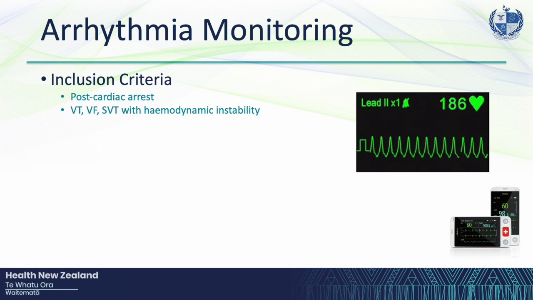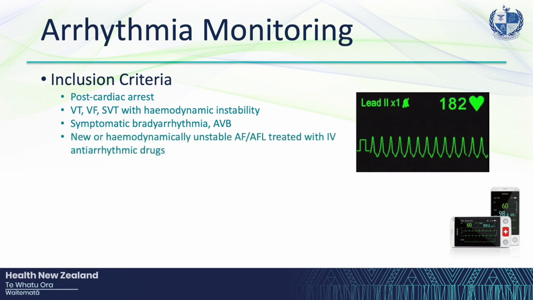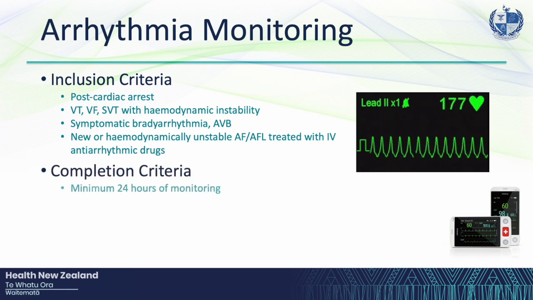Monitoring is also necessary for narrow complex tachyarrhythmias causing hemodynamic instability, symptomatic bradyarrhythmias, and advanced atrioventricular block. In addition, patients with new or unstable atrial fibrillation or flutter receiving intravenous antiarrhythmic drugs should be monitored due to the potential for these medications to cause further arrhythmias.